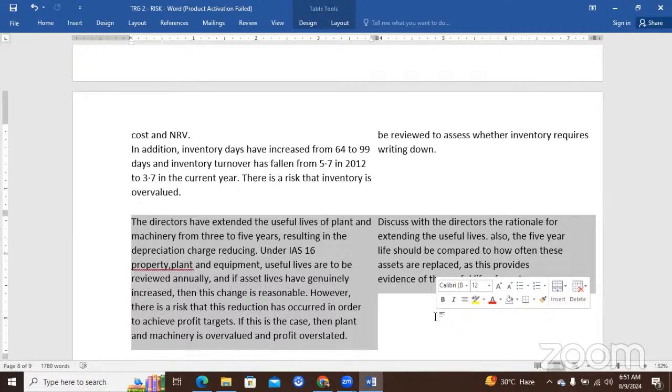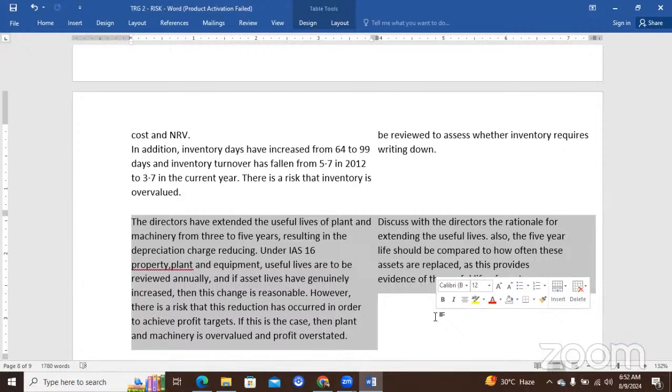So it is permitted if it is genuinely increased. However, there is a risk that this reduction has occurred in order to achieve profit targets. Because if they did this to boost profit, it is a misstatement. If that is the case, then plant and machinery is overstated, and profit is overstated.